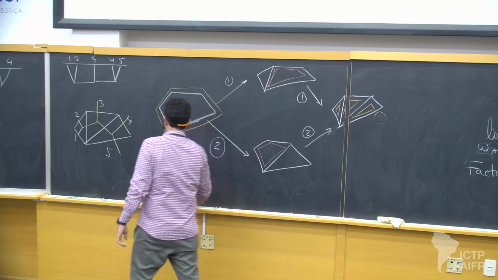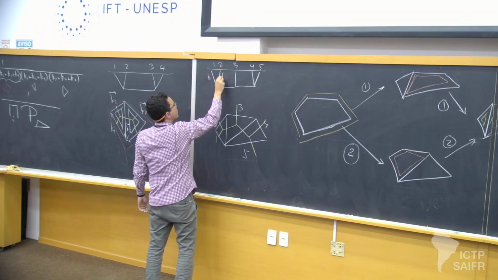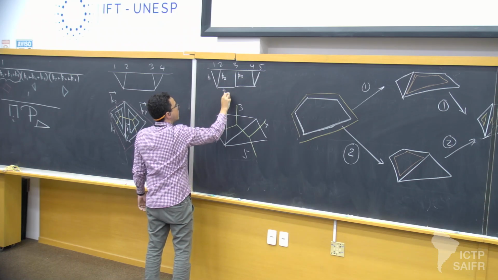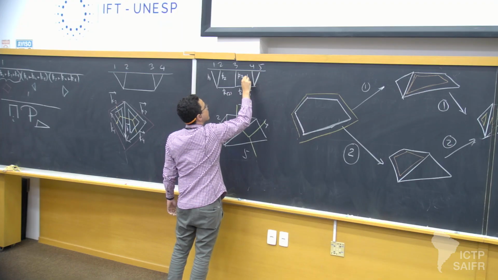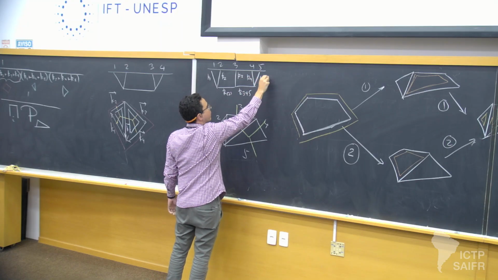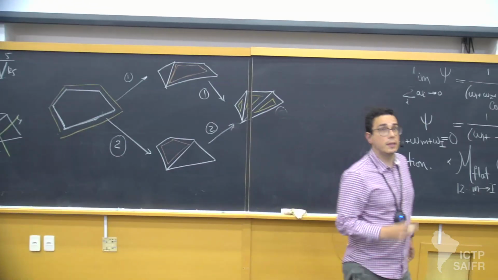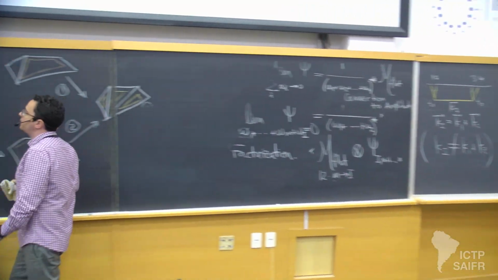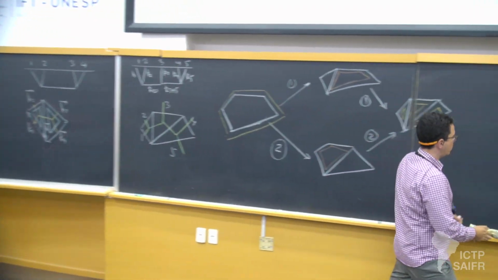Let me give some names to these things. So this is of course K1, K2, K3, K1,2,3, K3,4,5, K4, K5. Okay, so there are 9 terms, right? Because you need to take the product of 2 propagators and you need to do 3 time integrals. And we just write down the answer.